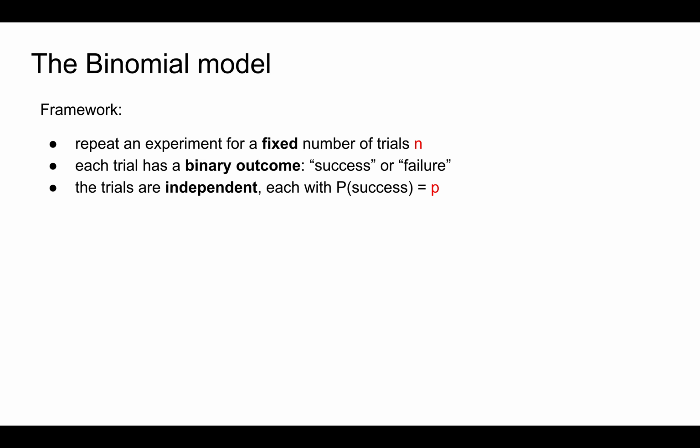For example, our binary outcomes might be heads or tails, yes or no, pass or fail, and so on. Finally, each trial is independent of the others, and each trial has the same probability of success, p. Now notice then that the binomial framework is defined by the number of trials n and the probability of success, p. These quantities are known as the parameters of the model.